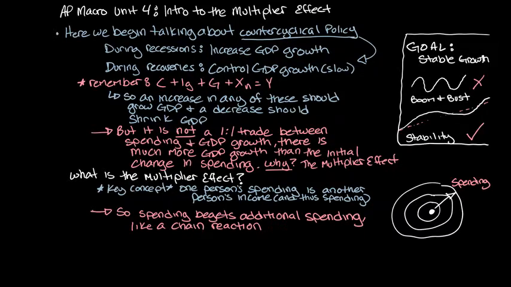They would like to increase GDP growth in an attempt to lower the unemployment rate, because unemployment is our primary problem during recessions. And they need to know that when the economy is in recoveries, generally the government looks to control or slow GDP growth, preventing hyperinflation. So no matter what the economy is doing, the government's engaging in some form of countercyclical policy, trying to make sure that we keep the business cycle at a slow and steady pace.